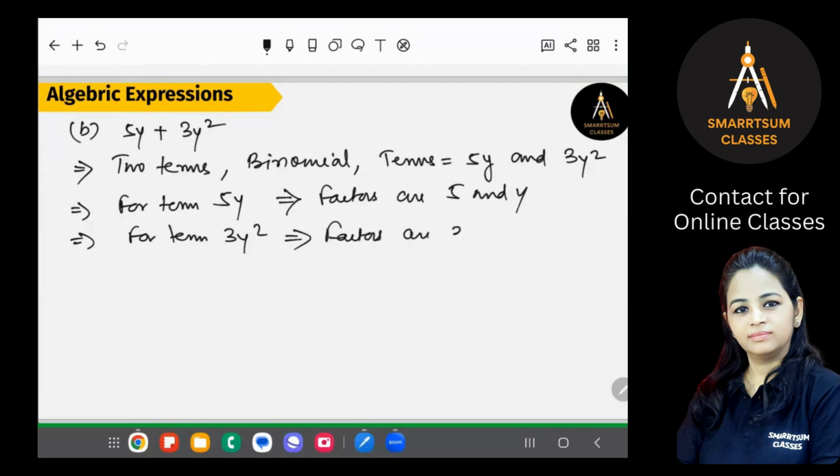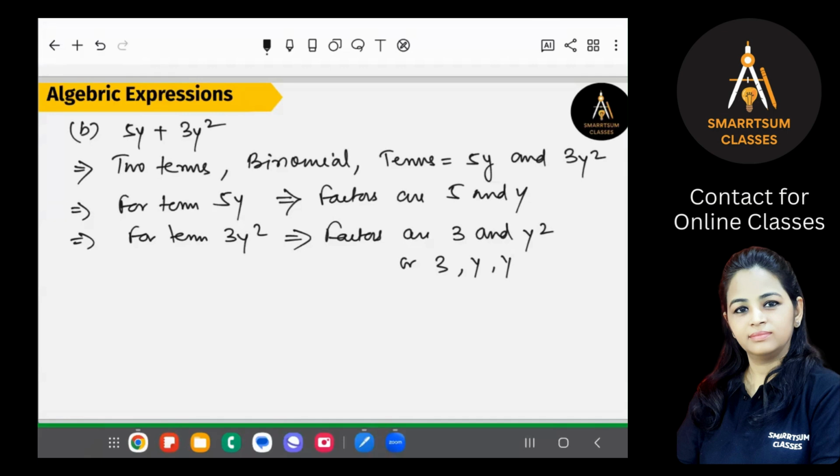Factors are 3, y and y. Okay, so these are the factors of the term 3y square. So in this way, we can find out the number of terms, and for each and every term, we can find out the factors.